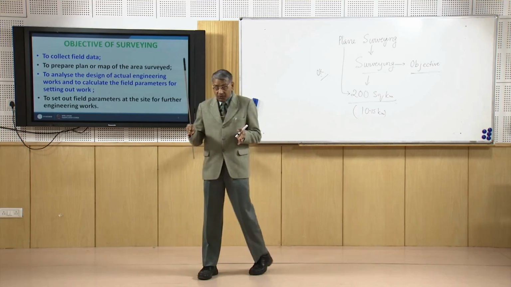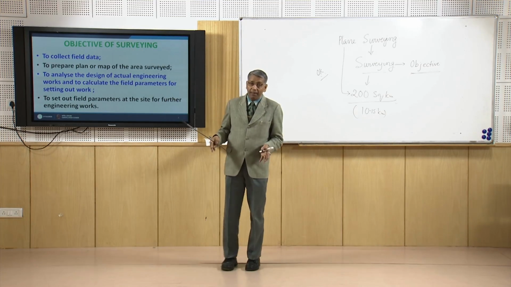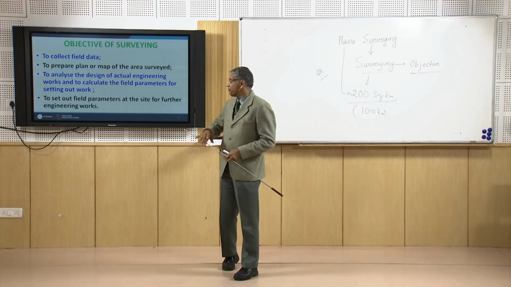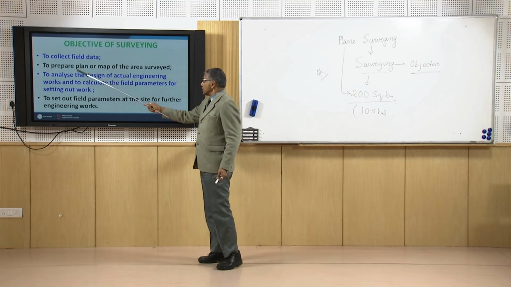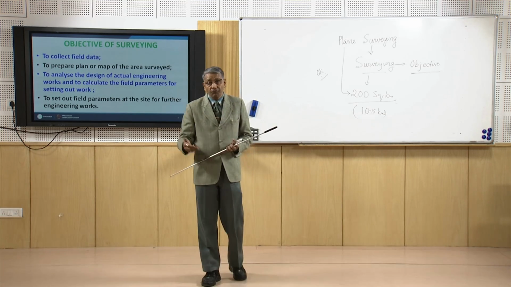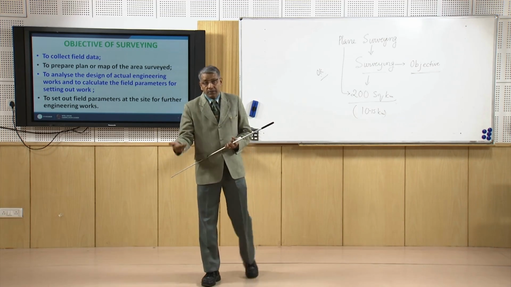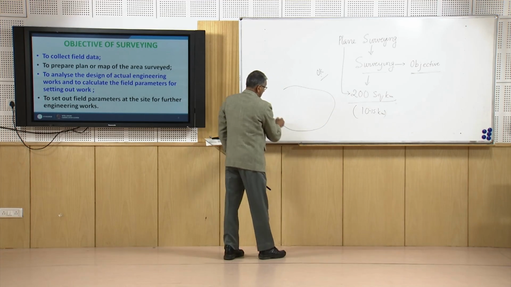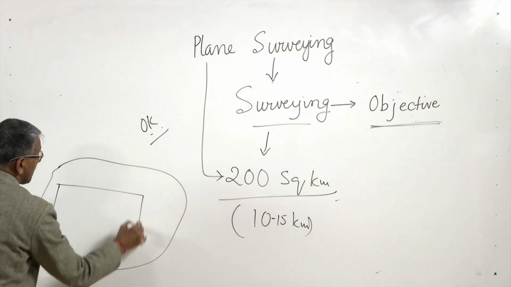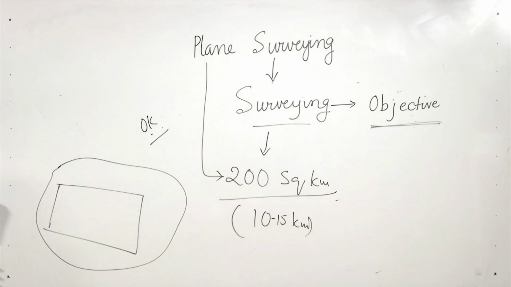On that planar map, next we will go for our analysis for the design of our civil engineering projects. Suppose this is the area for which I have the plan or map.